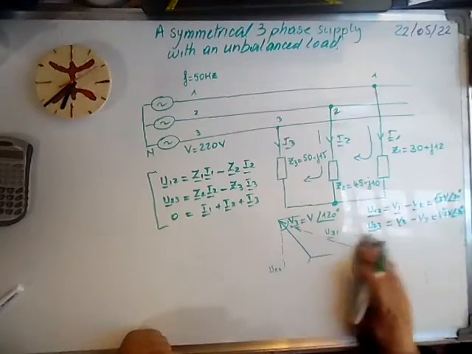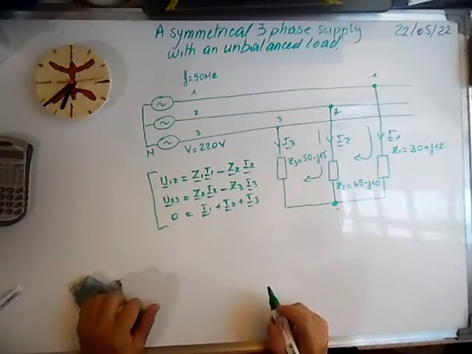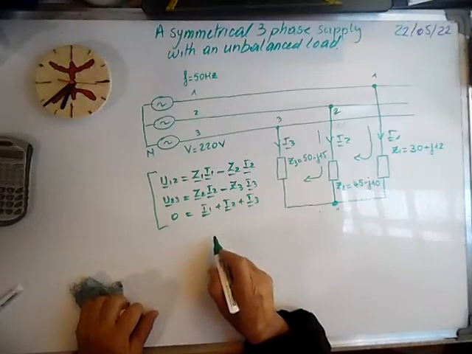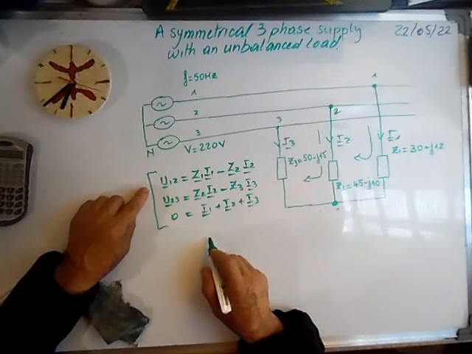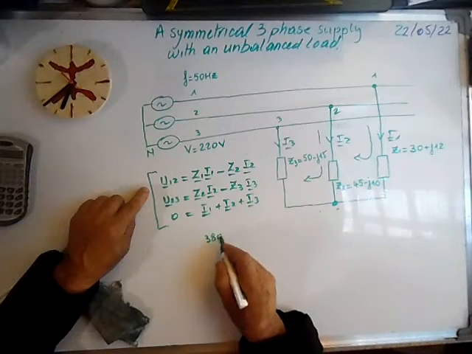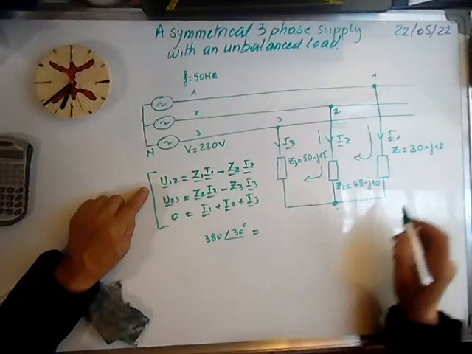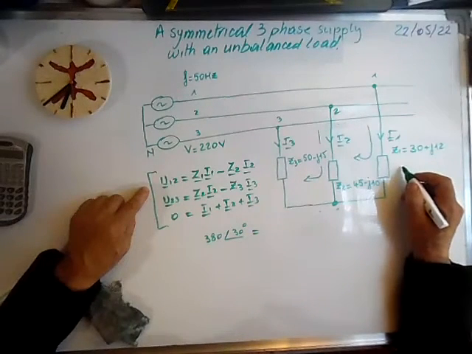So we can write now the three equations and try to solve them. We said that this one is 380 at 30 degrees. We can write the impedances in polar form, it's better.